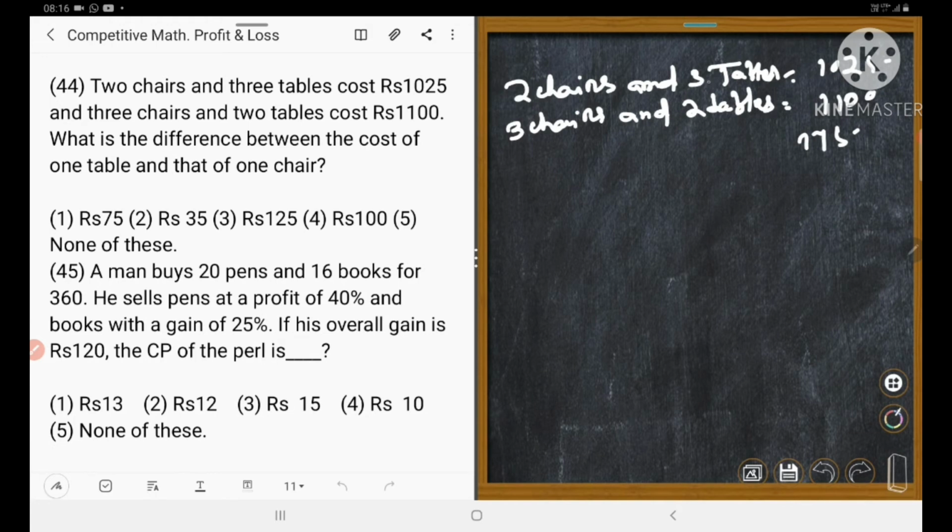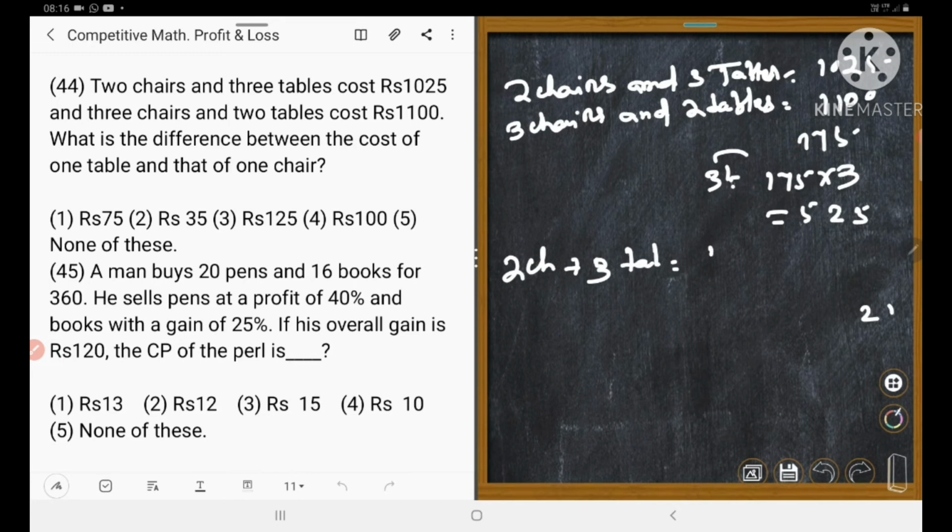One table is 175. Here 3 tables means 175 into 3 is equal to 525. You understand it? 3 tables is equal to 525. So 2 chairs plus 3 tables is equal to 1025, that is 2 chairs plus 525 is equal to 1025.